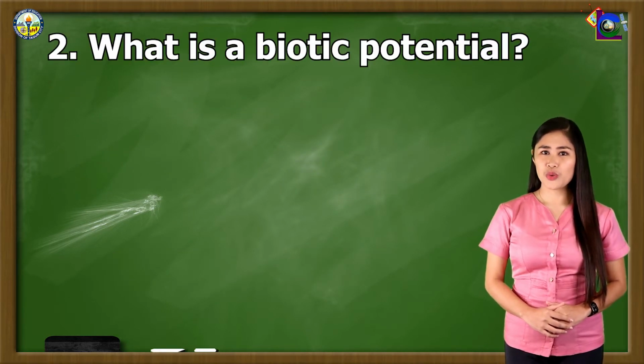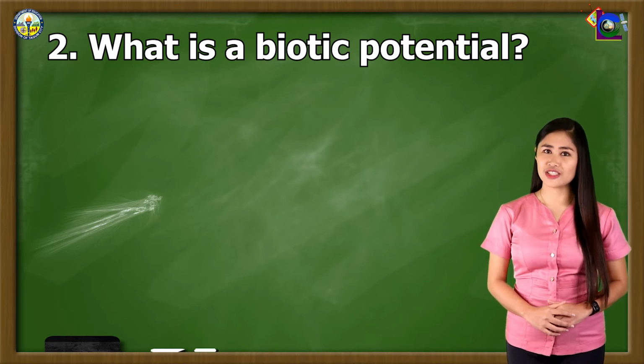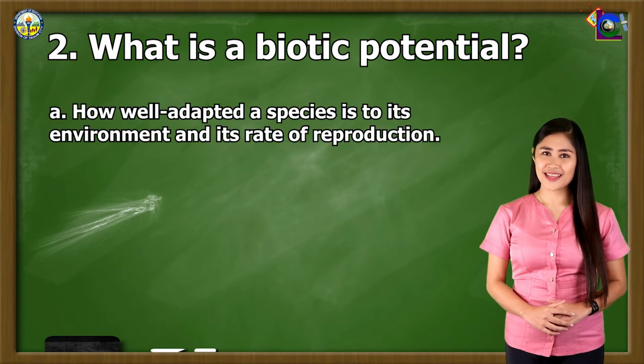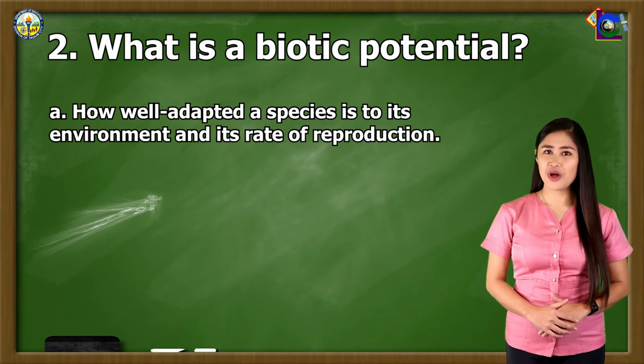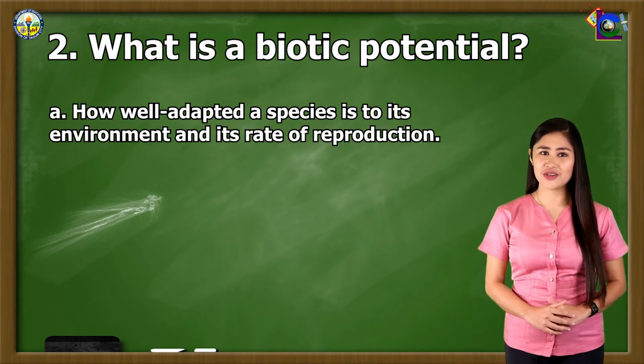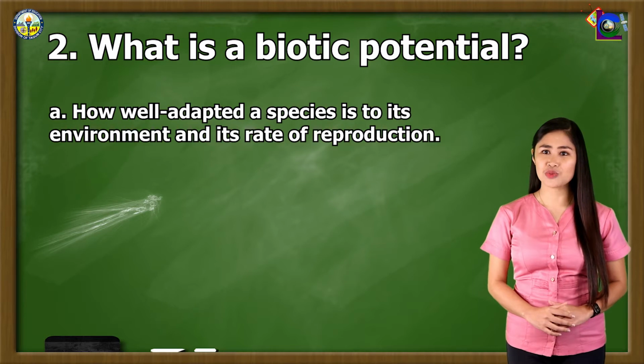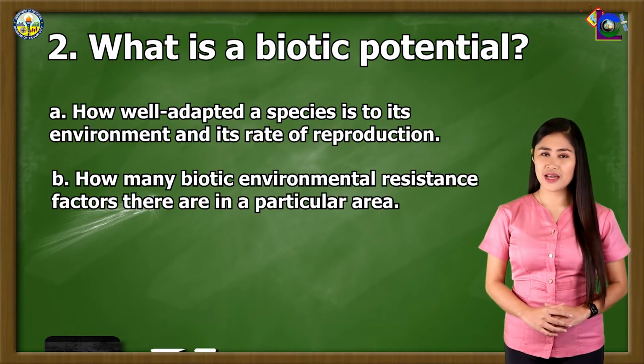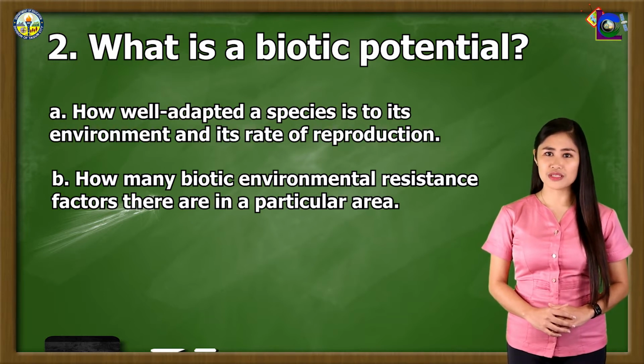Number 2. What is a biotic potential? A. How well adapted a species is to its environment and its rate of reproduction. B. How many biotic environmental resistance factors there are in a particular area.